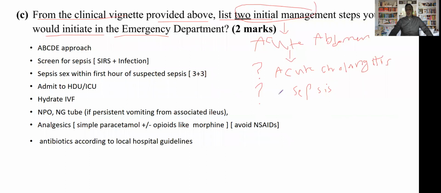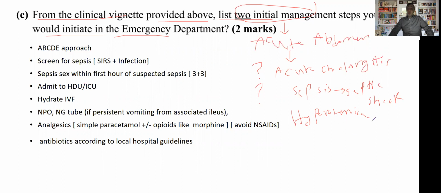So the patient has query sepsis complicated by septic shock, as well as hypovolemia. All of these diagnoses, or provisional diagnoses, can explain the clinical situation and state of the patient.